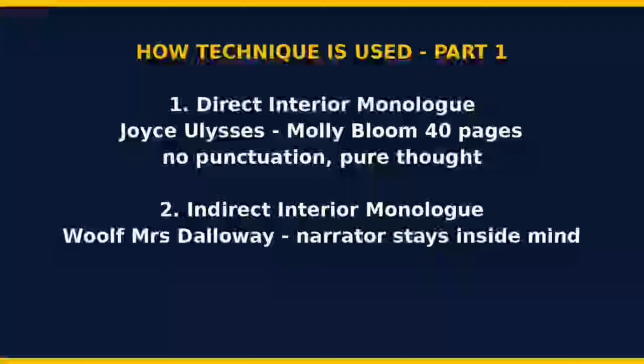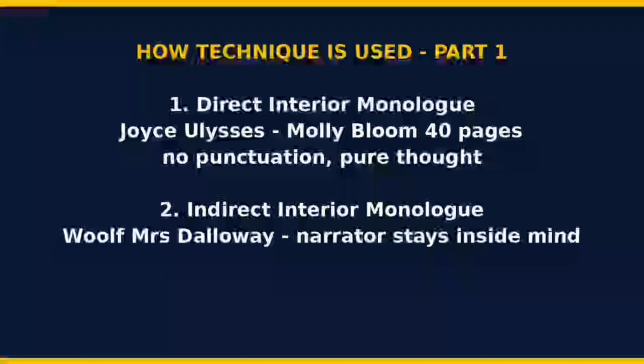It is not just thinking randomly. Writers use three specific methods. One is direct interior monologue: first person, no narrator, no punctuation. The character thinks directly, like Joyce's final chapter of Ulysses, where Molly Bloom thinks for 40 pages without full stops.